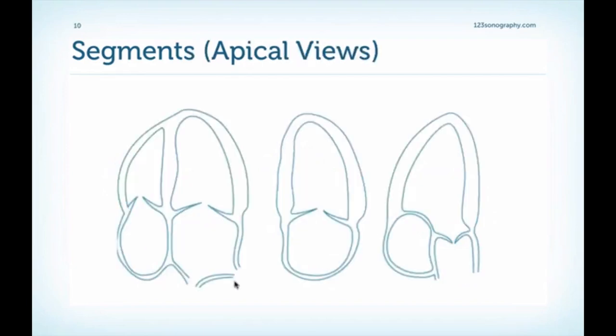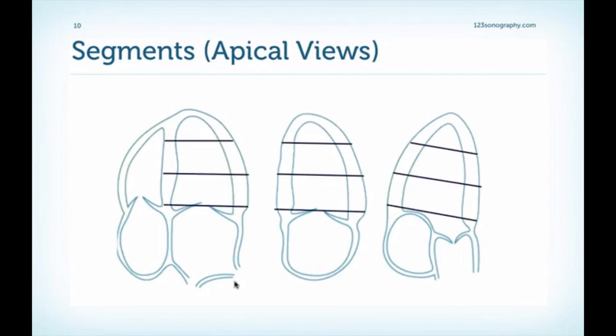So how does this now translate to the apical views? Well, we have a segmentation into the basal, the mid, and the apical segments, and thereby we can describe different regions of the myocardium. This is the four-chamber view, so what we see here is the septum. Therefore, this must be the basal septum. What we see in the four-chamber view is usually the inferior portion of the basal septum.